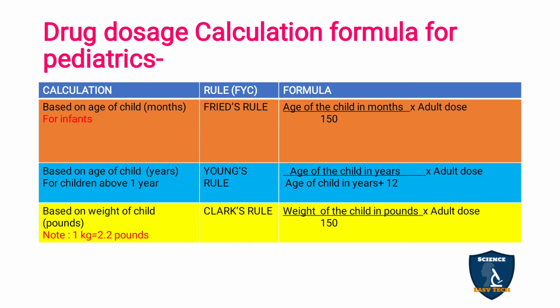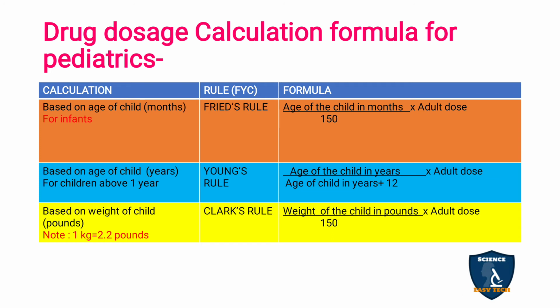If the child is more than 1 year, you have to calculate the dose based on the age of the child in years. The rule here is Young's rule, and the formula for Young's rule is age of the child in years divided by age of the child in years plus 12, into adult dose.